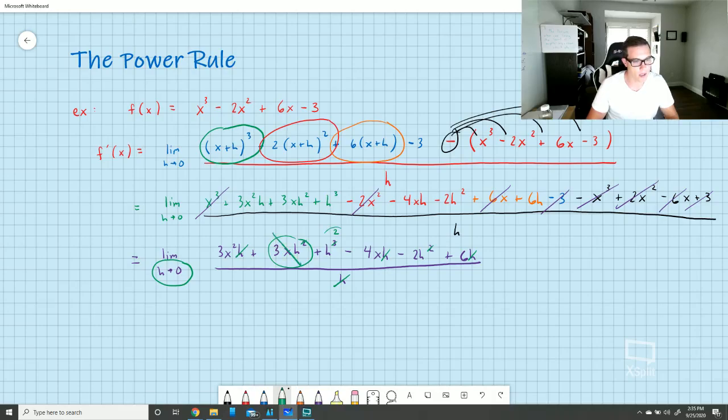This term still has an h in it, so when we plug it in, it's 0. And this term still has an h in it, so when we plug h in, it's 0. And finally, we end up with our derivative, 3x squared minus 4x plus 6. That's the derivative.